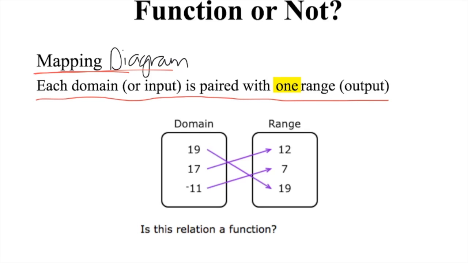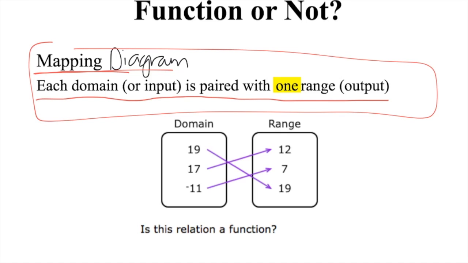Each domain needs to be unique, and it's paired with one range. A different domain can match with that same range, but each domain needs its own range. Make sure you copy the definition down, and then copy the mapping activity down. So push pause until you get that all done.